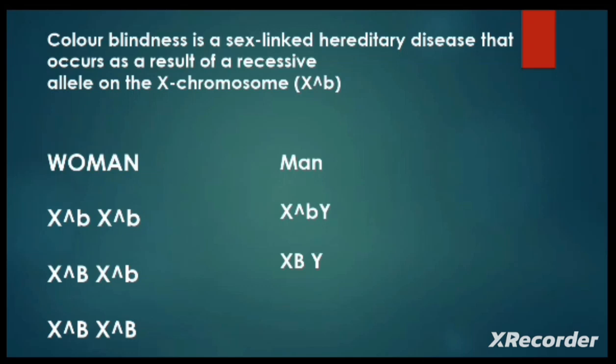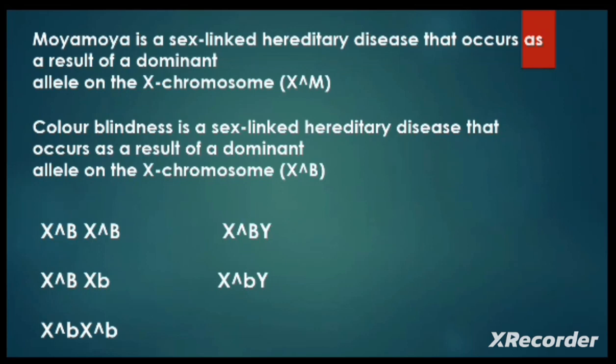And then a normal woman would have X exponent capital letter B, X exponent capital letter B. Another genotype of a normal female would be X capital letter B, and the second X with a small letter b. This woman, we call her a carrier, meaning she can transmit the disease. Her children can have the disease because of her recessive allele, but she is normal. She is a carrier, or she is heterozygous. So let's move on to the next one.